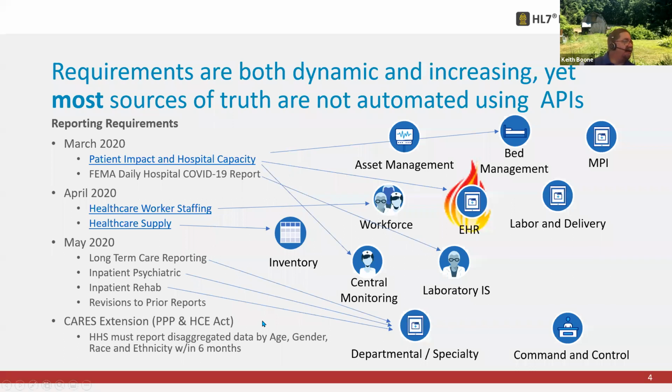And we can see that there's yet going to be more change coming, because in the PPP and HCE Act, which extended the funding from the CARES Act, HHS added reporting requirements, or was given additional reporting requirements that they have to report to Congress about reporting disaggregated data by age, by gender, by race, and ethnicity within 6 months.